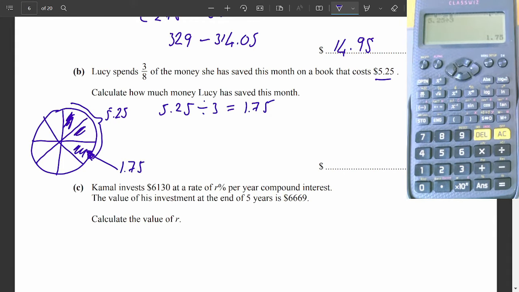That's 1.75 for one slice of pizza. Of course, the whole pizza is 8 out of 8 slices. So if we got the price of 1/8, to get the whole thing, we need to multiply it by 8. So the next step is 1.75 times 8. And that gives us $14, which makes sense. People like to save money to the nearest dollar, which is beautiful. Right.